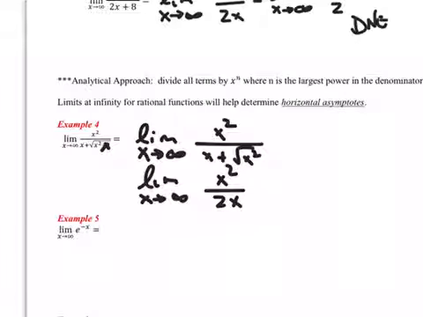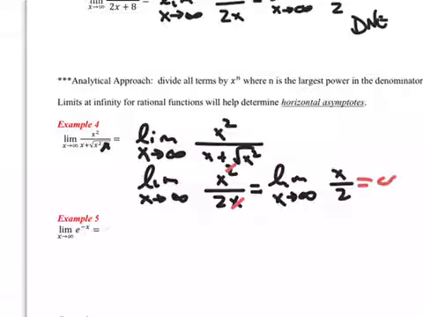That clearly, when we reduce that, would be taking a limit of a higher power on top, so that would be x over 2 when I reduce one of the x's, which will come out to be infinity and does not exist. If I input an infinity right here, infinity over 2 would be infinity and wouldn't exist.